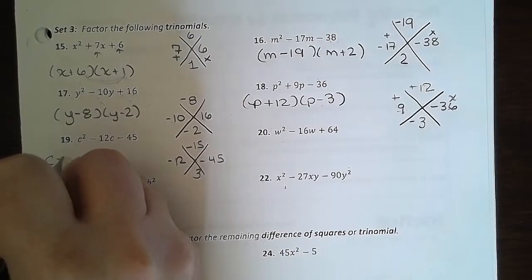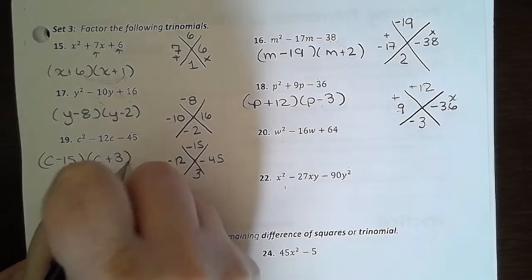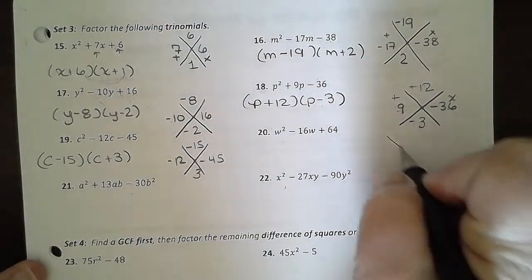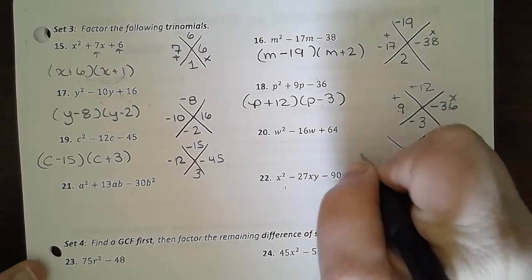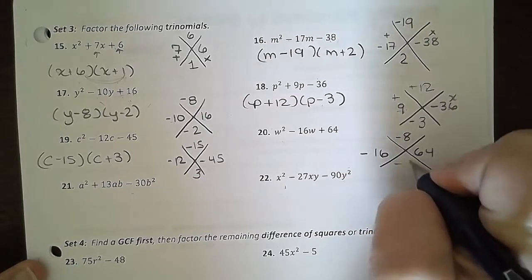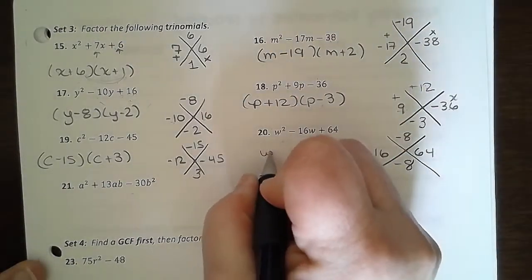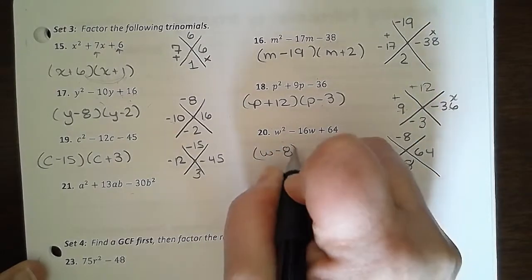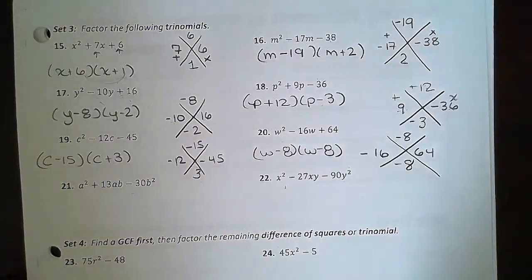So that's c minus 15 and c plus 3. Okay. And then what about 64 and negative 16? So that's a negative 8 and a negative 8. So that would be w minus 8 times w minus 8. All right. And there you go.